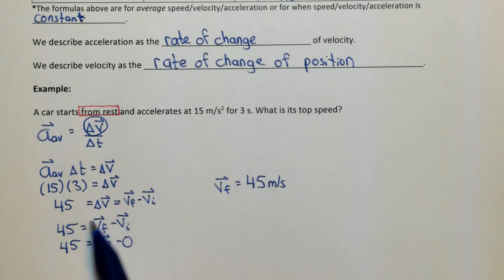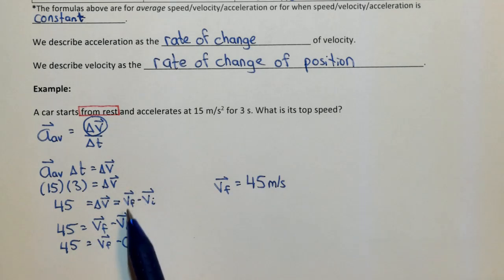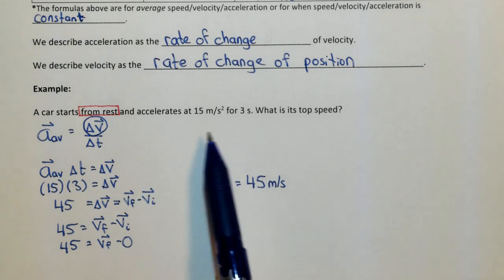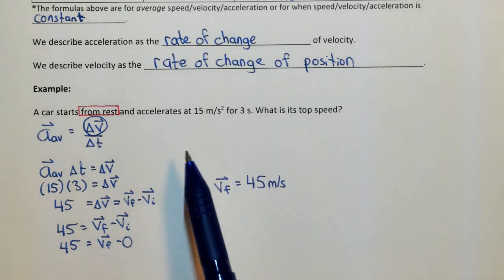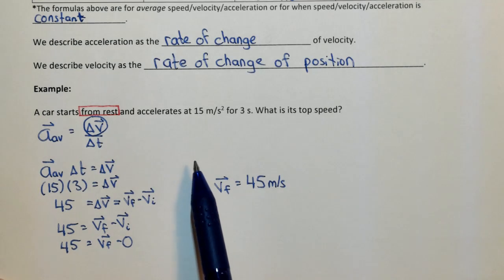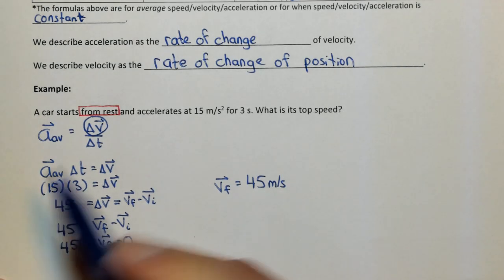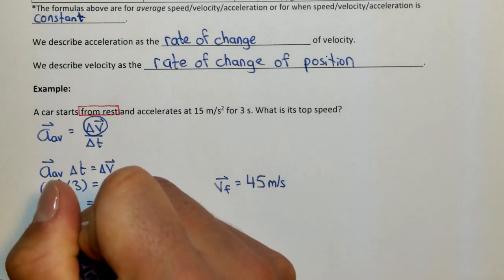Now all these things with vector hats are vectors, so direction is important. We didn't have to pay attention to that too much in this question because everything was sort of moving in a positive direction. But what I probably should have done is this 15, I should have been very intentional about making it positive.